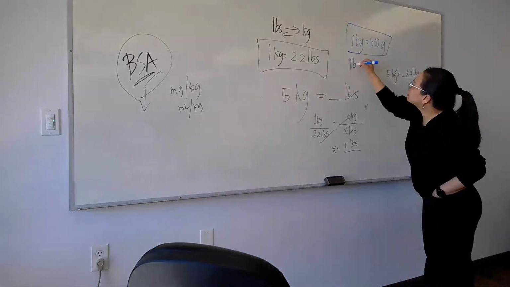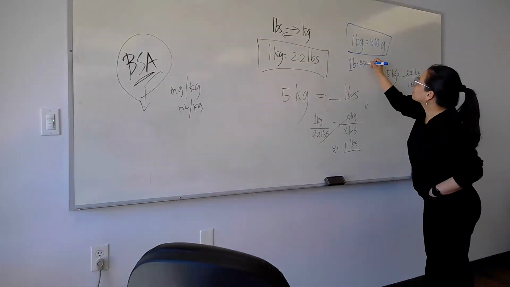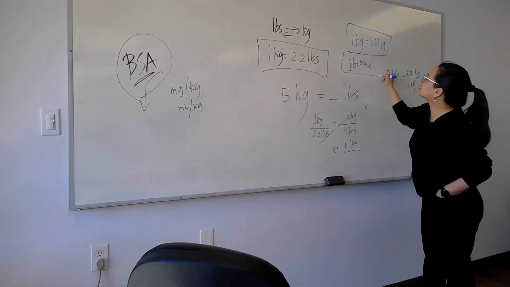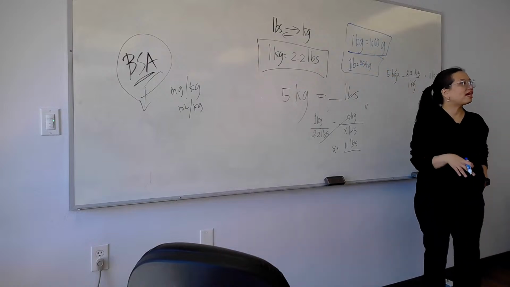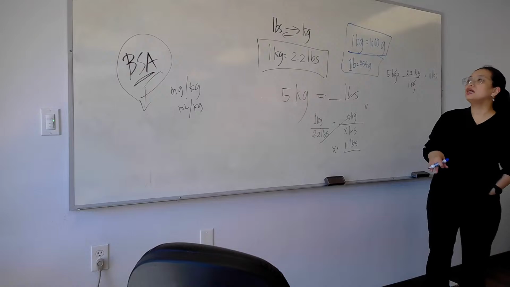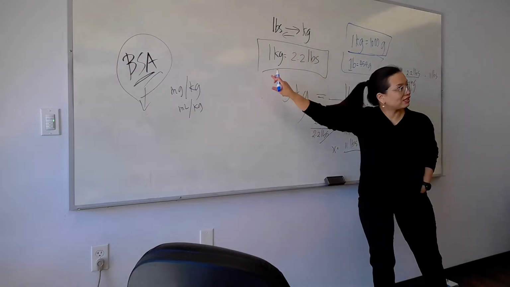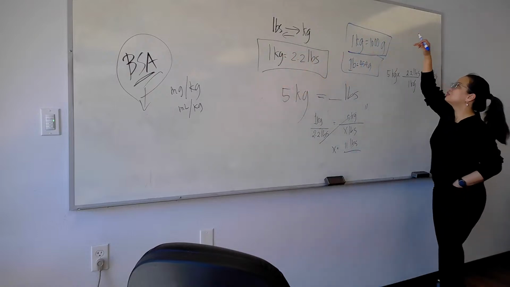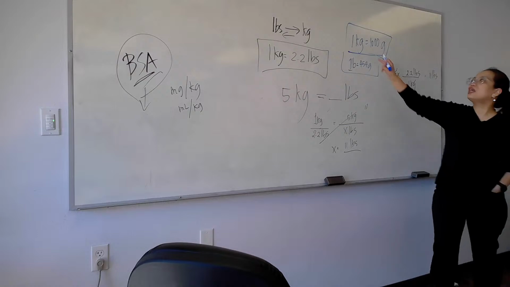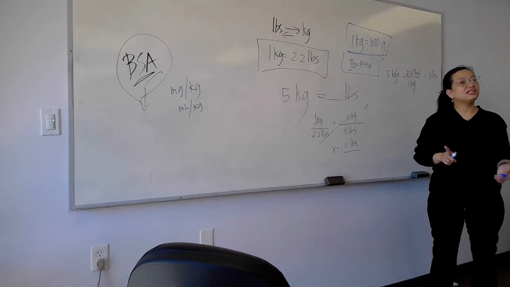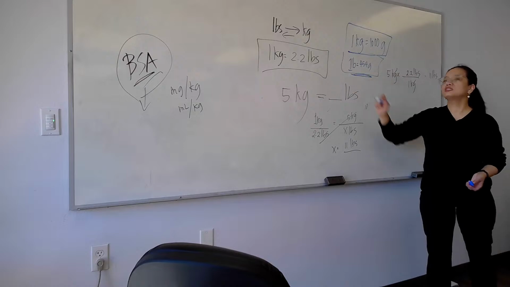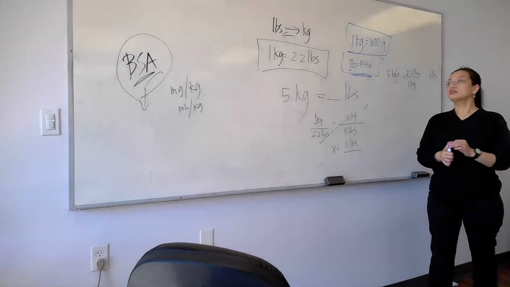This is commonly forgotten. If you forget, it's fine. Then you convert your pounds to kilograms, then kilograms to grams. Why? Now you know that a kilogram is 1,000 grams. Just an extra step. This is commonly forgotten.